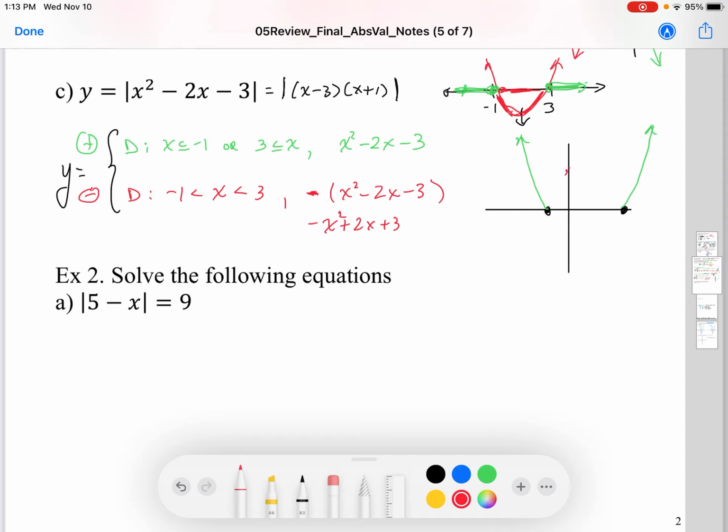It's going to have a y-intercept up here. It's going to be an upside down parabola in that region. Outside that domain, it's going to continue like this. Okay, but the part that's solid is the part that represents the graph.